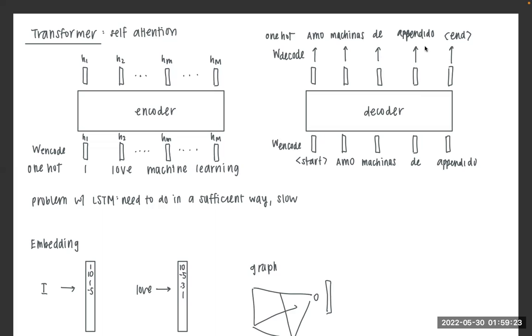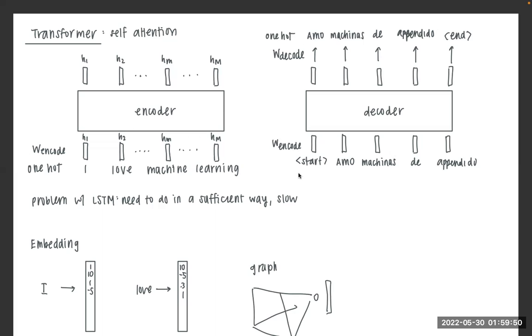That is, for each word, you have this one hot vector, and then you look at the difference between this one hot vector and the corresponding predicted probability. So that will be your error, and then you backpropagate the error back to all the parameters in the decoder as well as the encoder, including the encoding matrix and the decoding matrix.